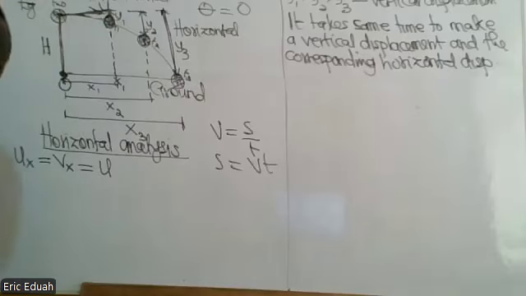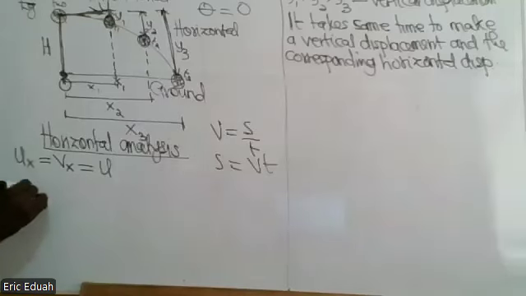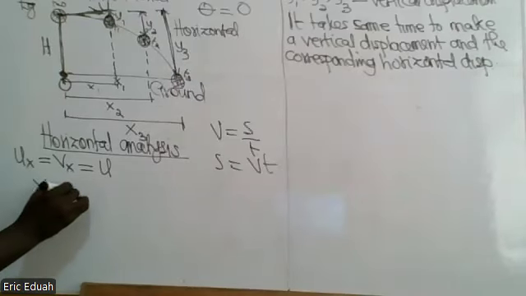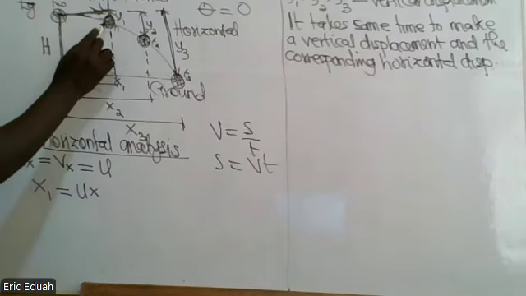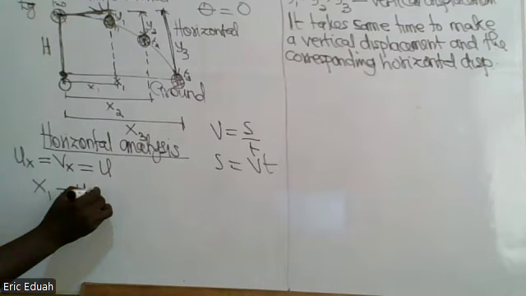Okay. So if I want this horizontal distance x1, x2, x3, it is saying that x1 will be a product of the constant velocity u and the time taken to get to this point, which is t1.